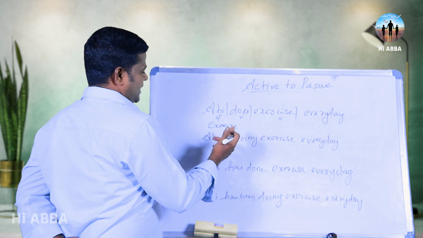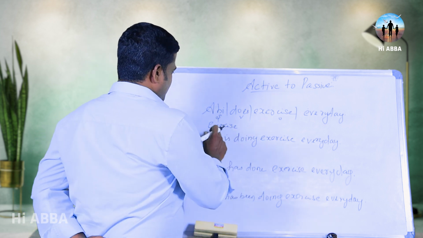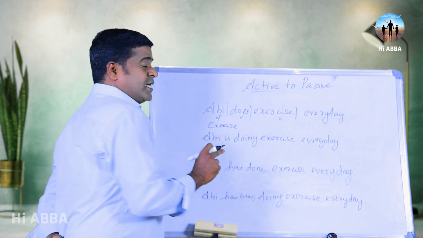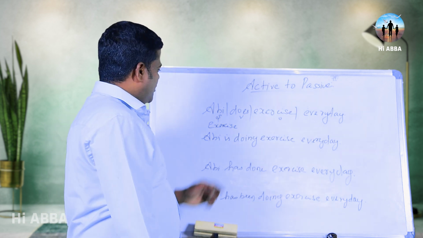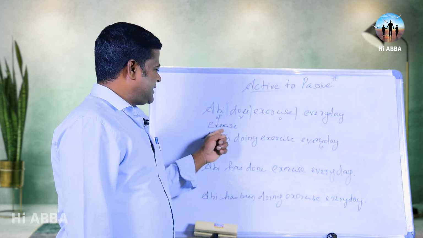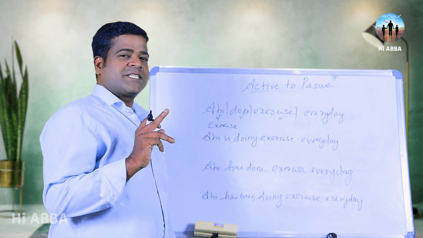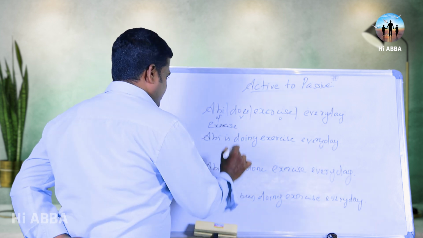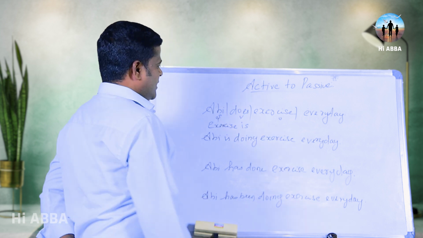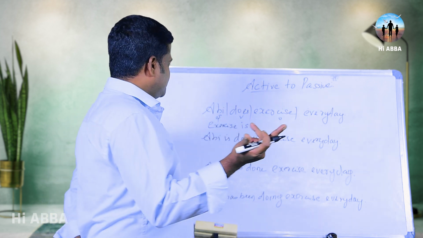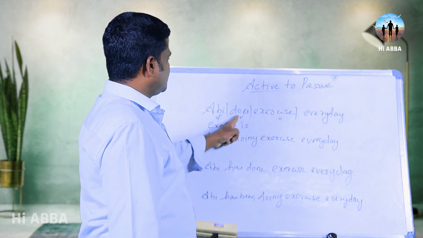Now we know the formula, what is next to be written. Considering this subject, of the three be form verbs, am, is, are, one will come here. This subject is third person singular, it. So therefore, Exercise is. Now V3 of the main verb has to be written. The verb is does.